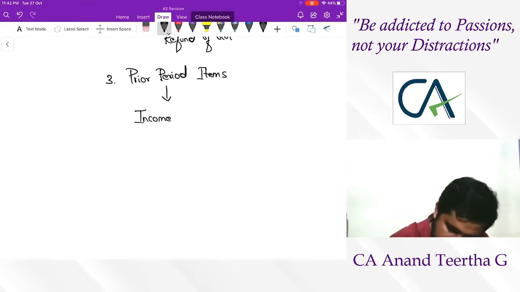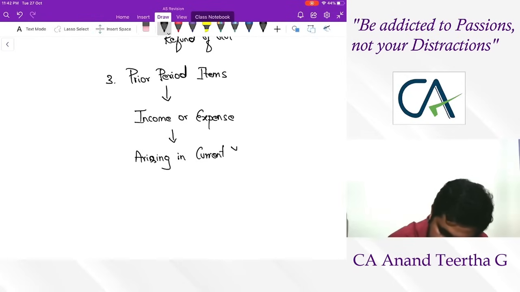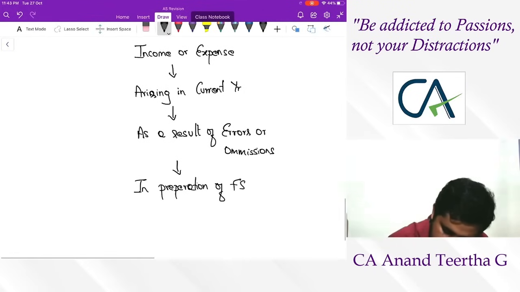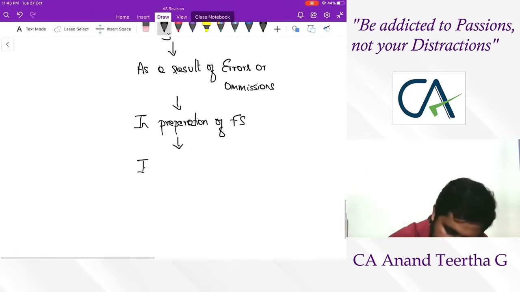Income or expense arising in the current year as a result of errors or omissions in the preparation of financial statements in one or more prior periods.